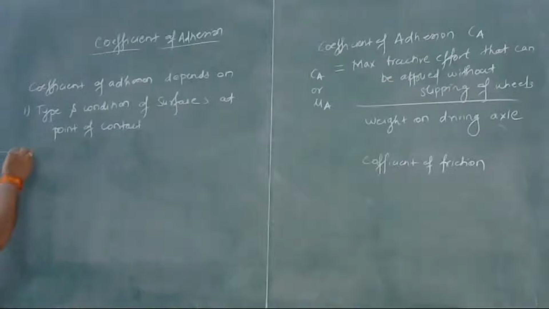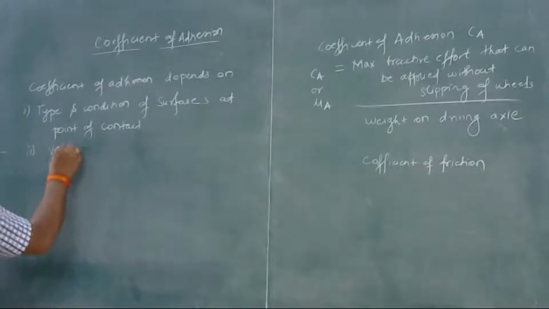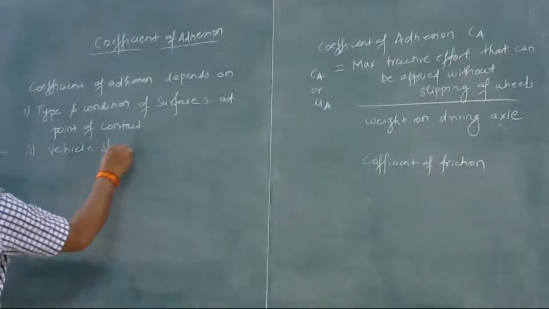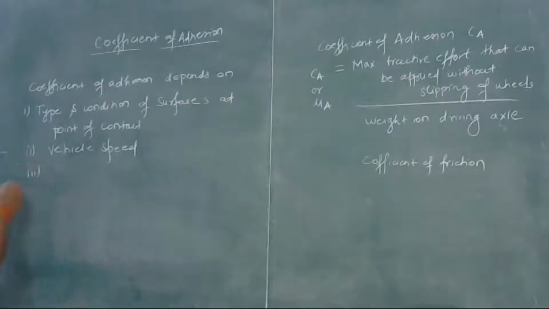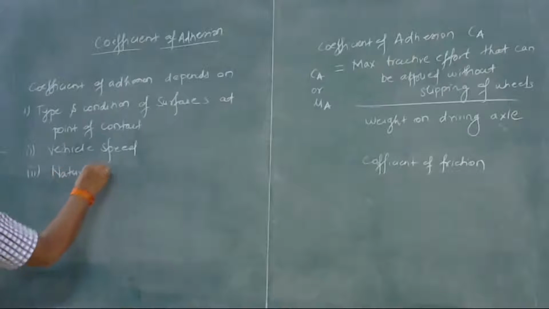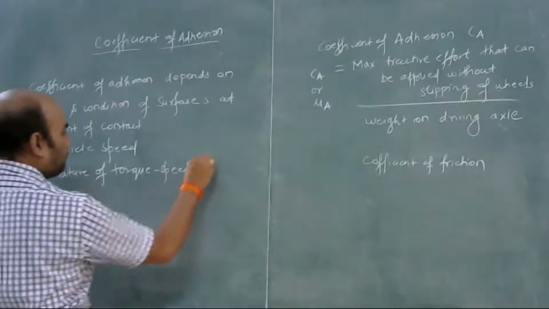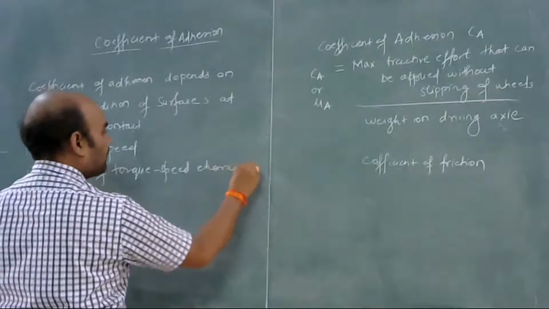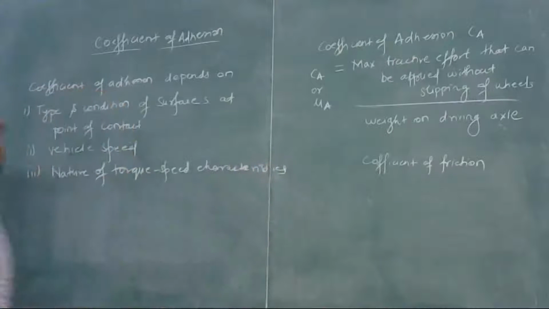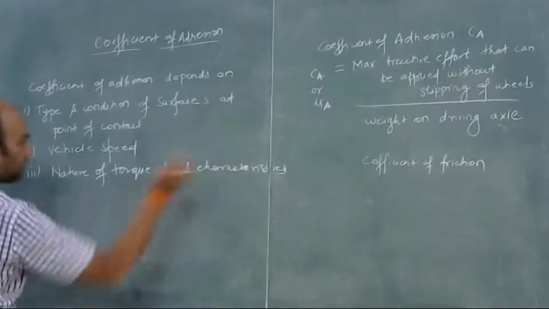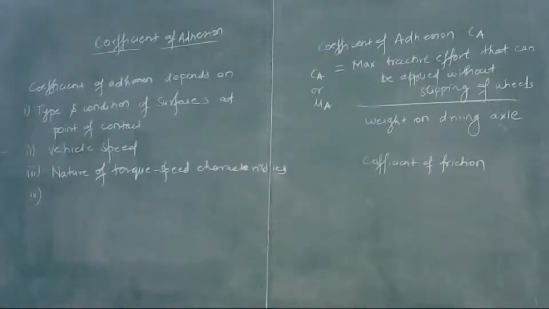Second, it depends on vehicle speed. Third, it depends on the nature of the torque speed characteristics. We use different motors, and different motors have different torque speed characteristics. Fourth is motor connection.